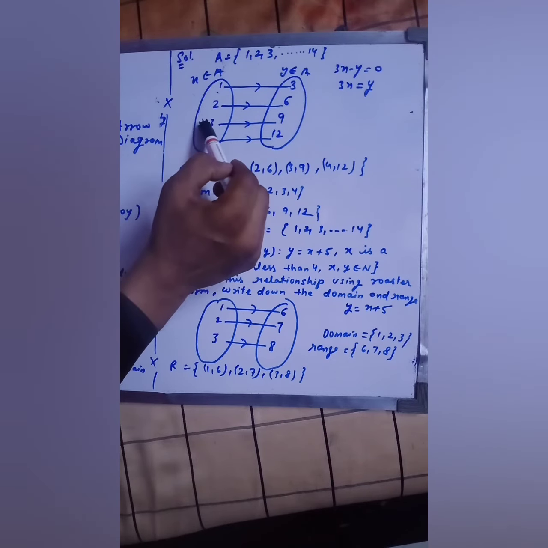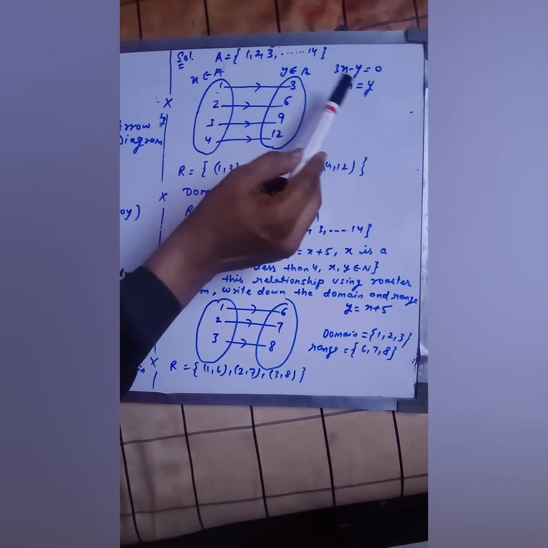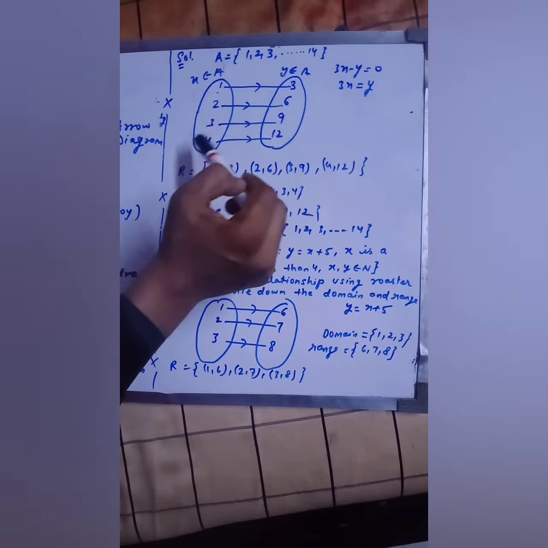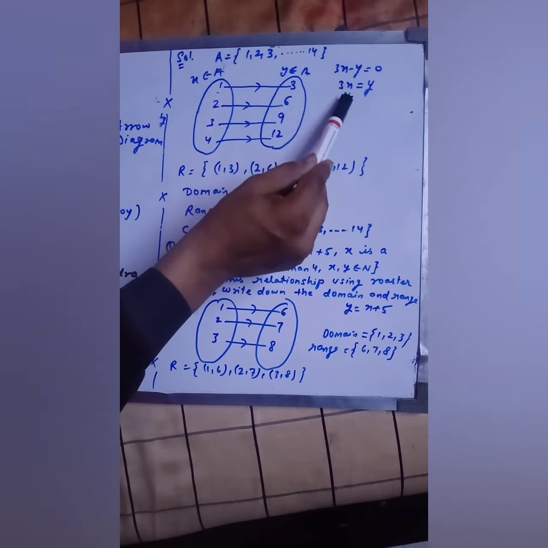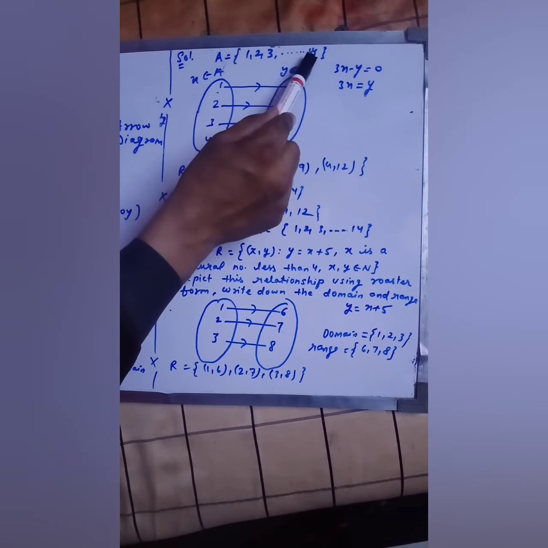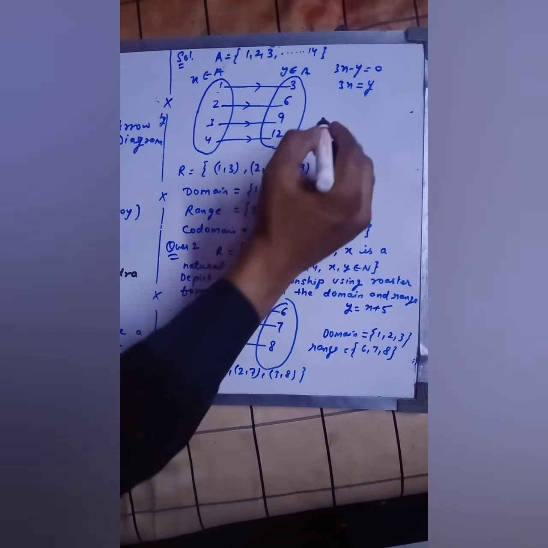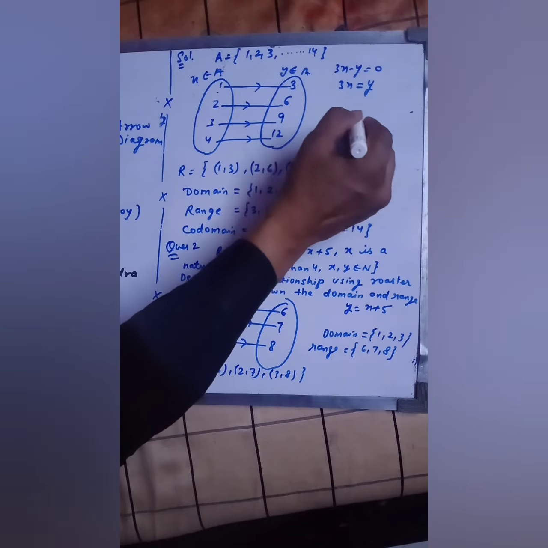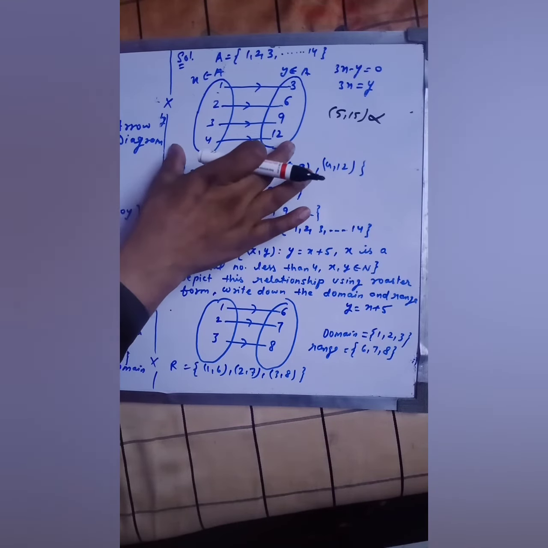If you put 3 here, you will get y equals 9. If you put 4 here, you will get y equals 12. If you put 5 here, you will get 15, but 15 is not in the given set A. So the relation 5 comma 15 you cannot take. That's why I am showing the relations only up to 4.